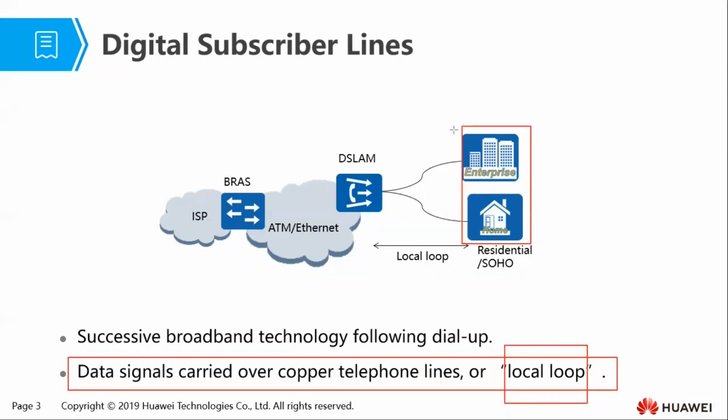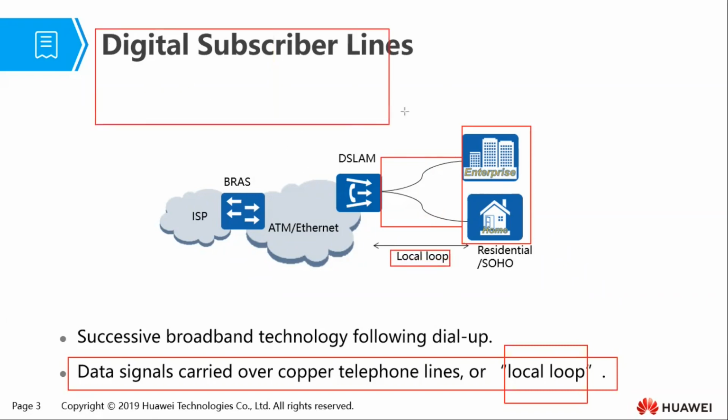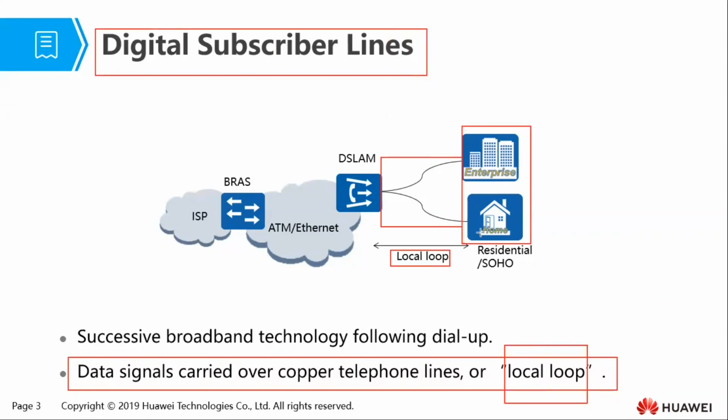That particular line, just like the power line, was coming up to your home. So now we can use the same line to interconnect you to the internet. We use your telephone line to interconnect you to the internet. So that is what we call local loop.